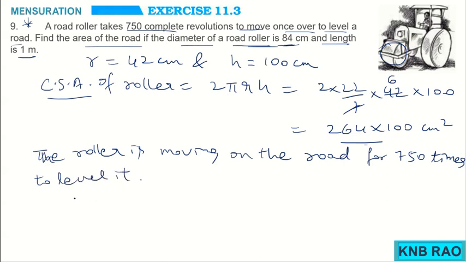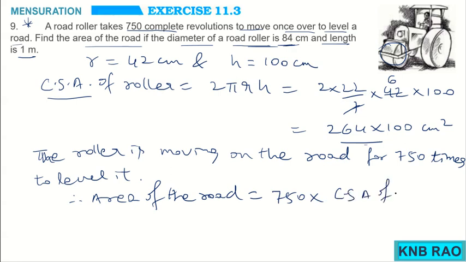Therefore, the area of the road is 750 into CSA of roller, which means 750 into 264 into 100.